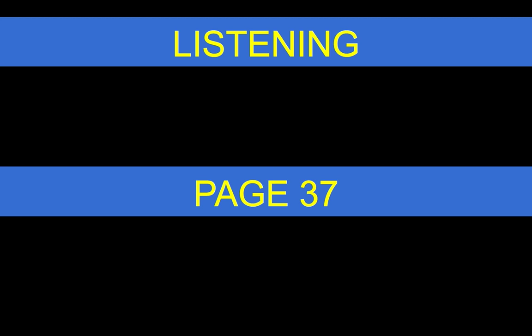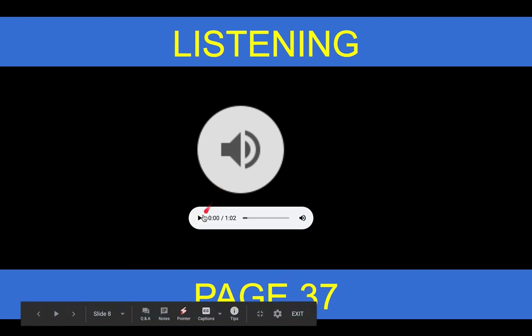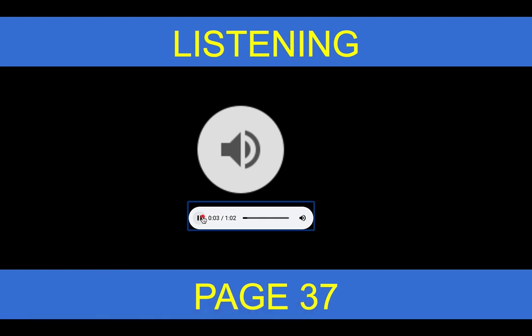Her name is Anna. So first, let's listen to the conversation, and then we can review that. Page 37. Conversation. Complete the conversation. Then listen and check your answers. Practice the conversation with a partner.